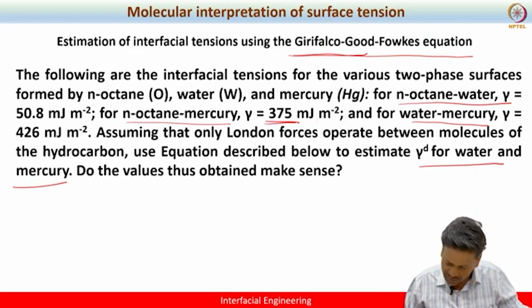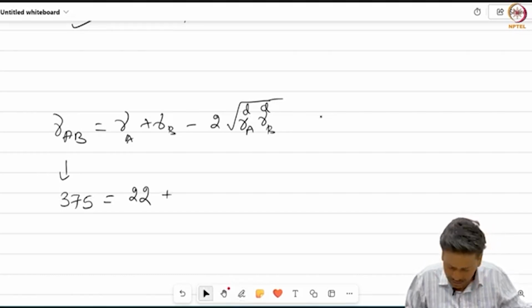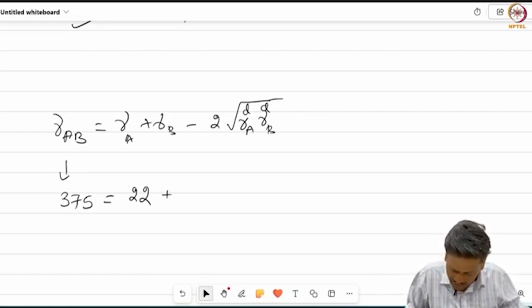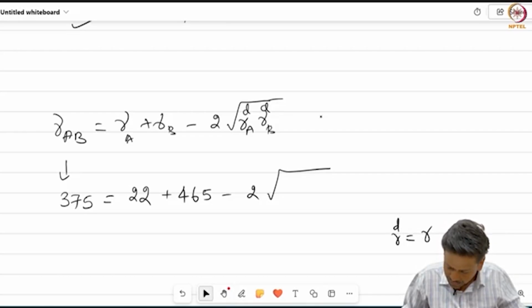So we have 375 for octane-mercury, and octane is 22, plus mercury is given as 465, I think, minus 2 times root of, since gamma D is the same as gamma for octane, 22 into gamma B D, to the power 1 by 2, which we need to calculate.